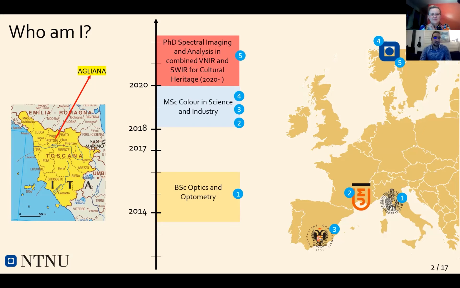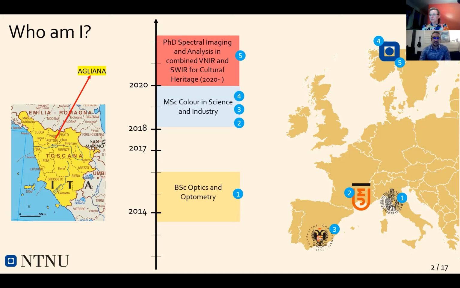I quite liked it here, so we decided with my supervisors to continue with the PhD project, which is at the moment entitled Spectral Imaging and Analysis in Combined Visible Near Infrared and Shortwave Infrared for Cultural Heritage. It's quite a long title. We will try to trim it down.